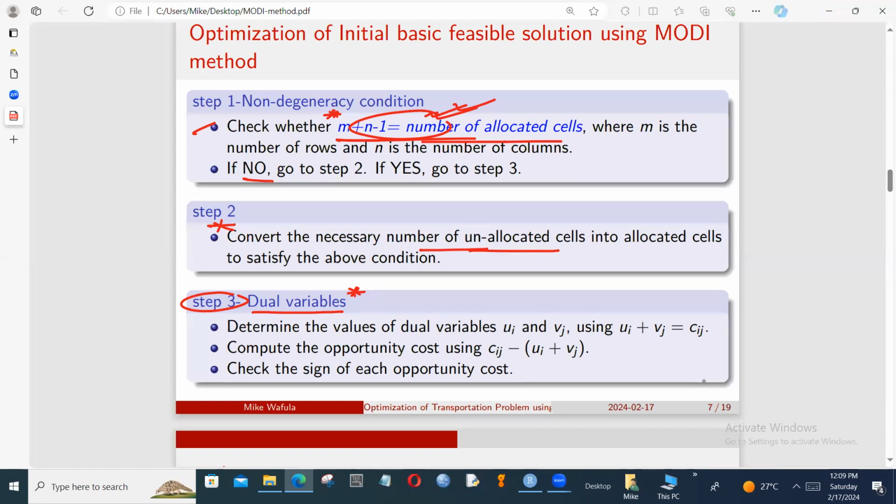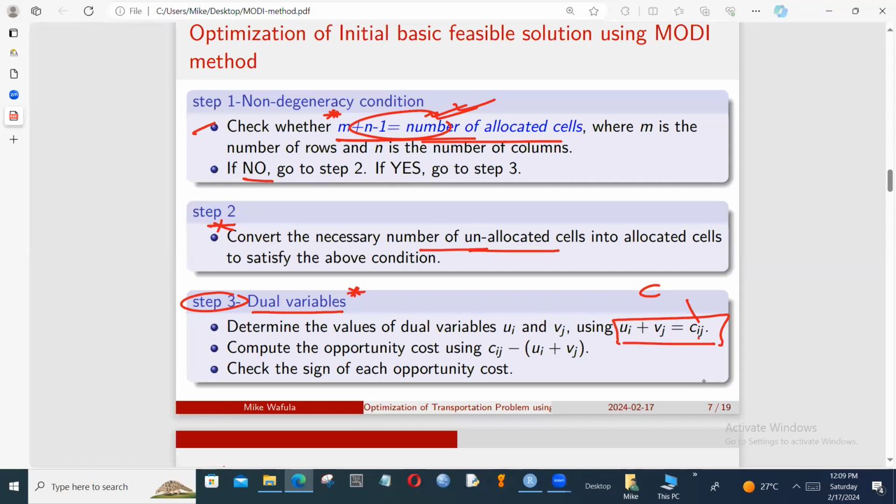In this case, what we'll be doing is using the condition ui plus vj is equal to cij, where the ui and vj are the ones I'm calling the dual variables, and cij, remember, we introduced in the introduction to our transportation problem, where we said cij stands for the costs.